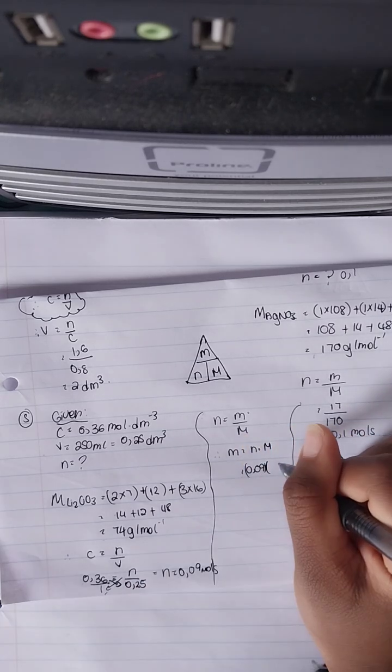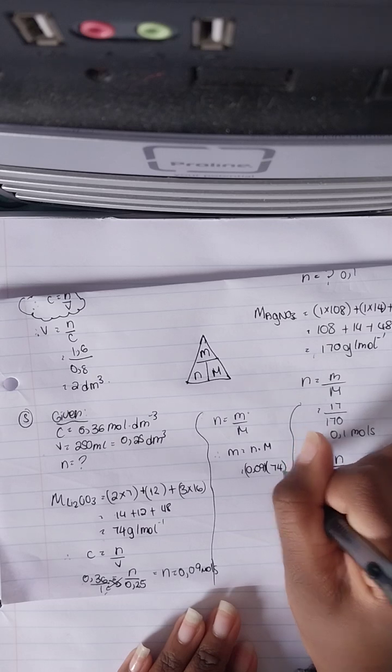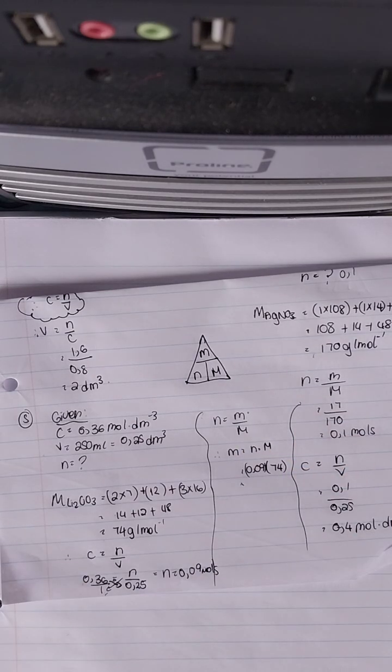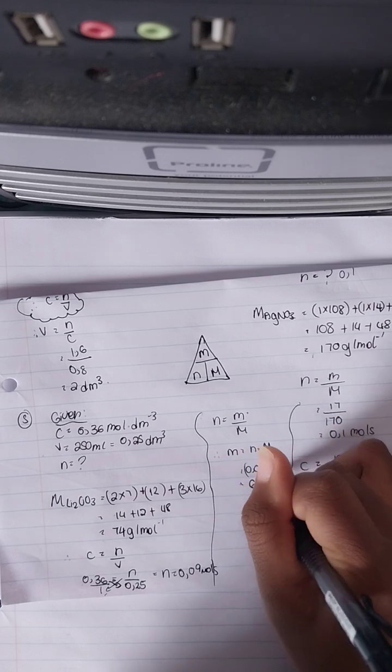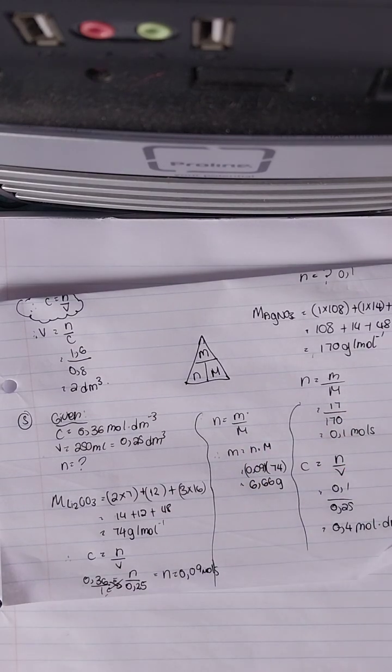Multiplied by what? Our molar mass. Our molar mass is 74. That is going to give us 6.66 grams. Not kilograms, grams.